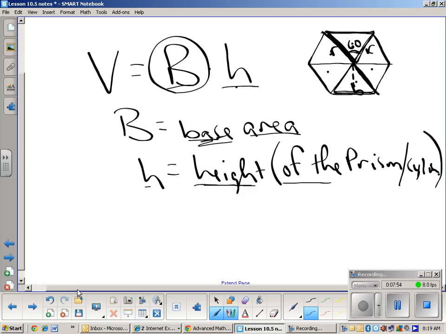Now, because there's so much reviewing here, you might want to take a sheet of paper out and copy down all the area formulas you've learned, and maybe draw a picture next to it so you can identify what letters go to, okay? What the letters represent, I should say. And then you'll have it all in one place.